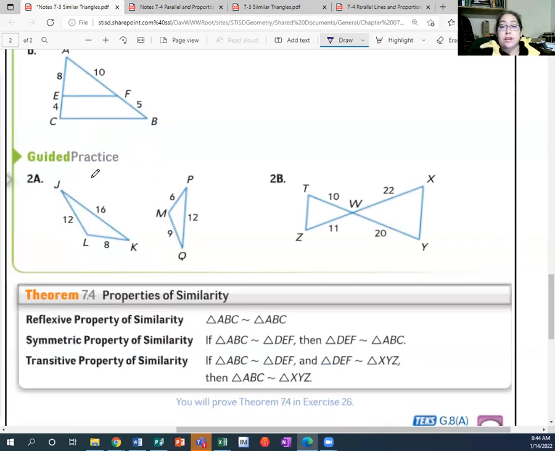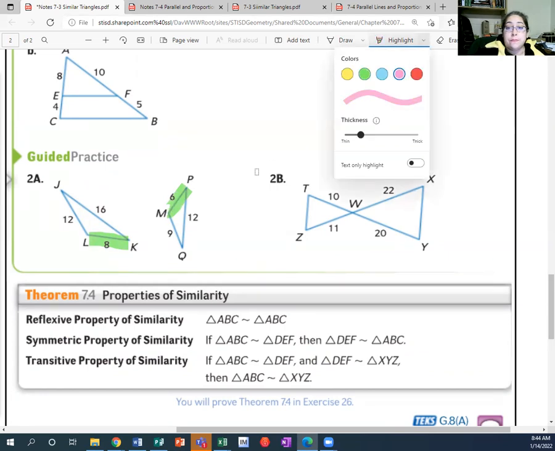So I've got two triangles, want to know if they're proportional to each other or not. And so what I'm going to do is try to find some corresponding sides. Now I don't have angles to tell me which corners are corresponding, but I can see that this side right here is the shortest side in this triangle. So I'm going to set it corresponding to the shortest side in the other triangle.